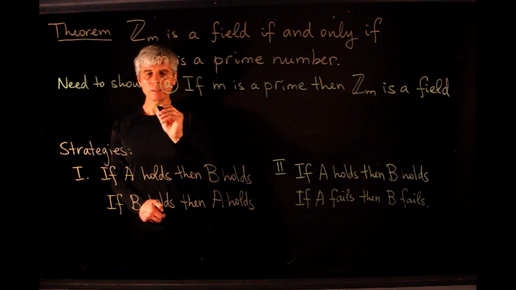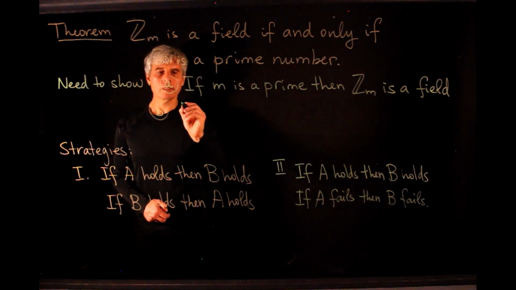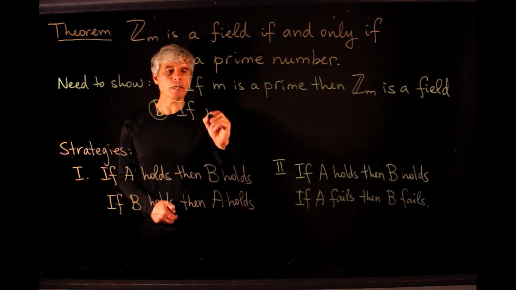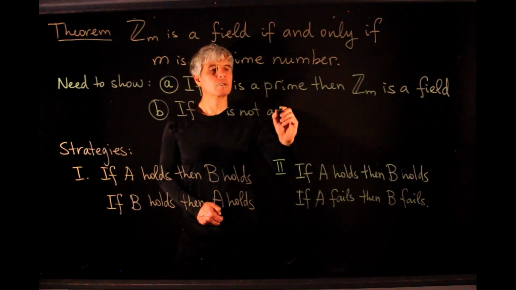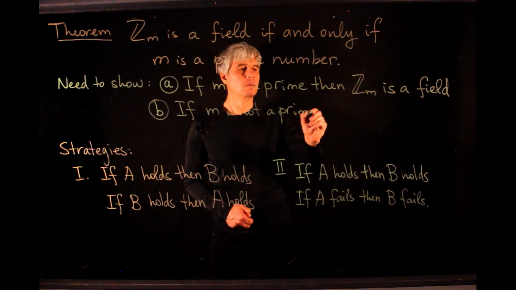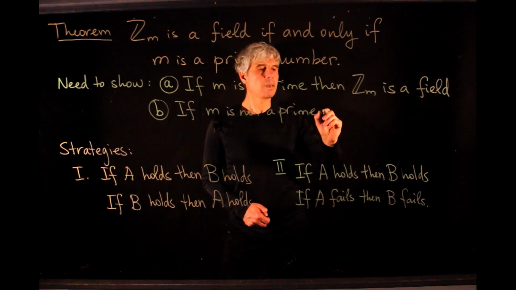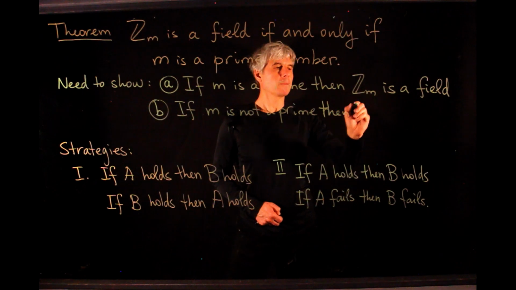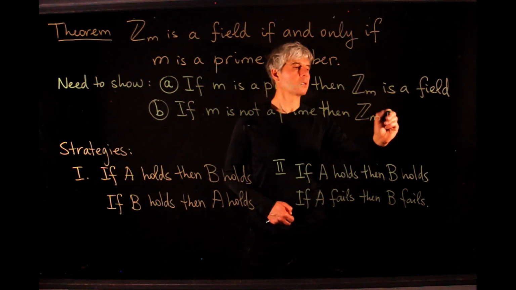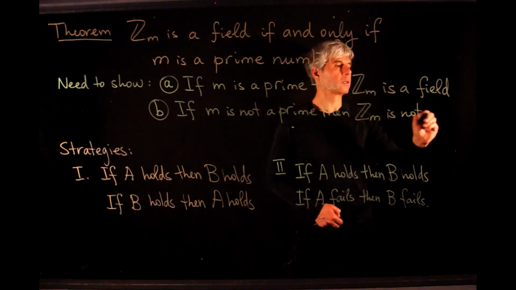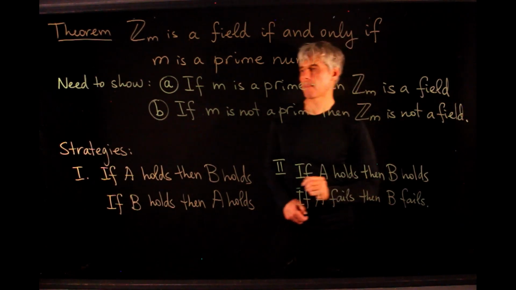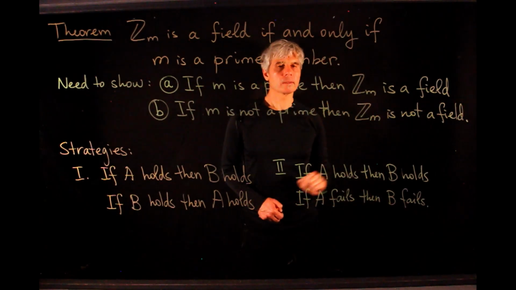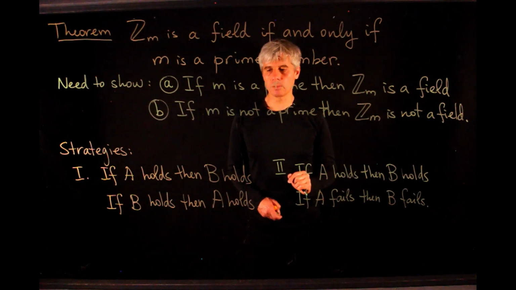And B: if m is not a prime number, then Zm is not a field. The second part is easier to show.